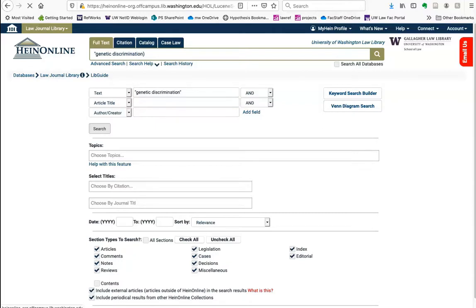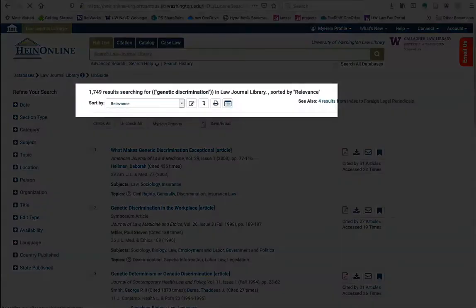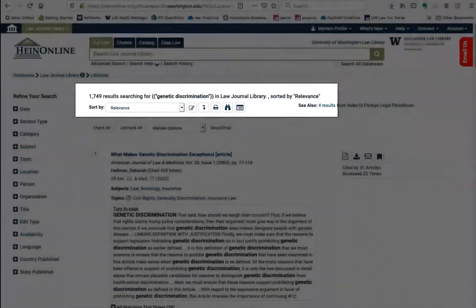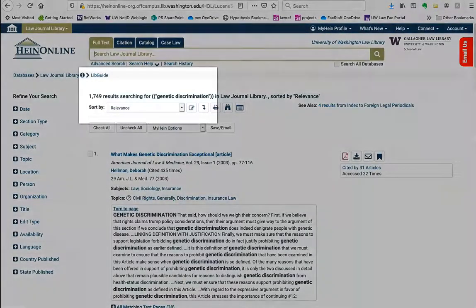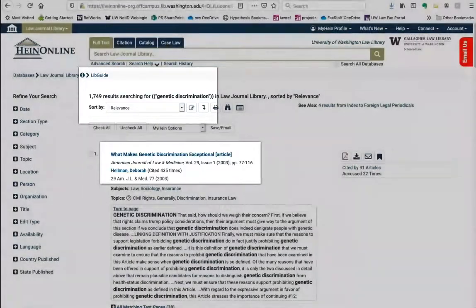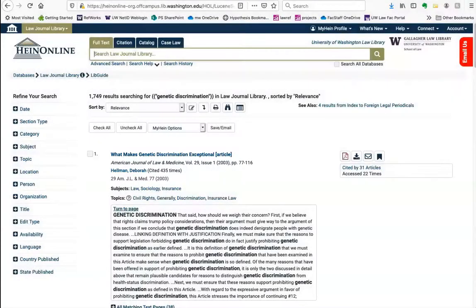That way, the system will be looking for that exact phrase. Now, instead of 24,000, we have just over 1,700, a much smaller set. The default ranking, again, is relevance, and the first article is still What Makes Genetic Discrimination Exceptional.